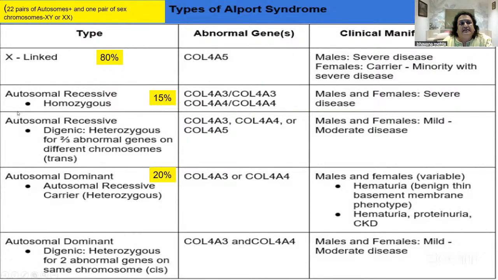When inheritance is autosomal, it can be dominant as well as recessive, homozygous as well as heterozygous. There is one more mode of inheritance called digenic, which is a combination of the above. In X-linked the abnormal gene is COL4A5, while in others it is COL4A3 and COL4A4.